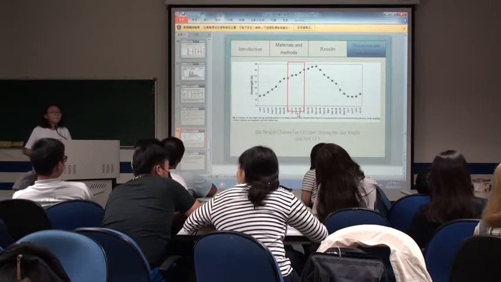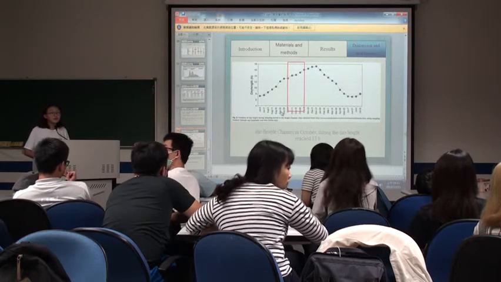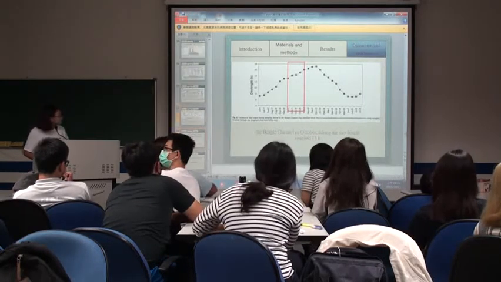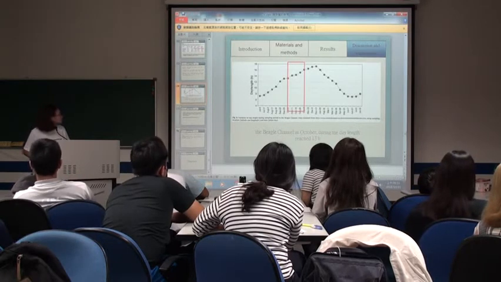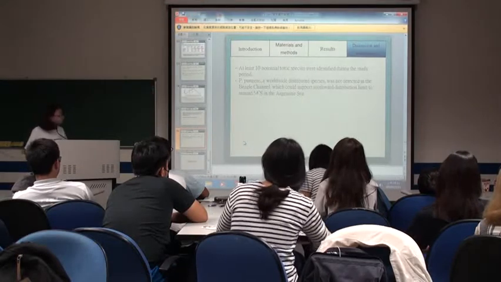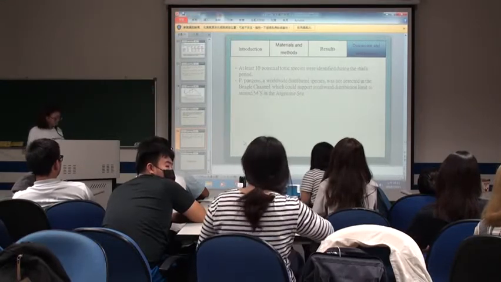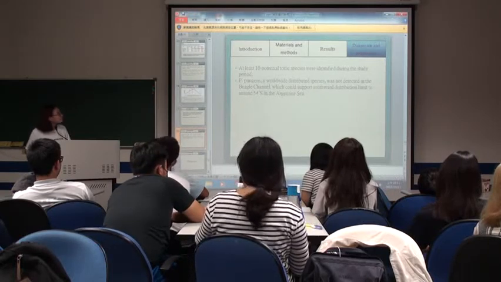Jean. In the last pages, the last one, 26, I guess. Does the paper mention where those potentially toxic species came from?